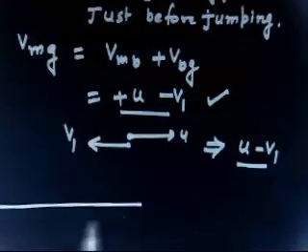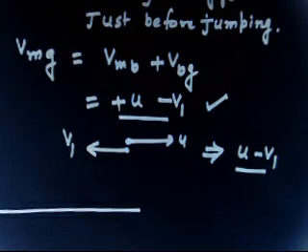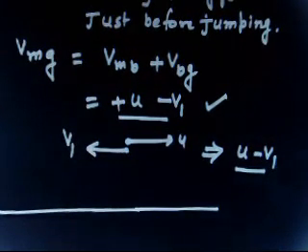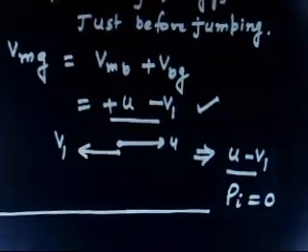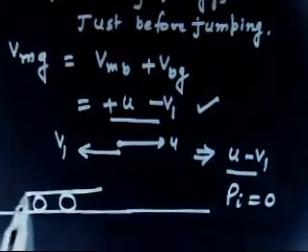So initial momentum was 0 because there is nothing going in the forward or backward direction, everything is at rest. So initial momentum I can say is 0. Now the final momentum, so this is my buggy.